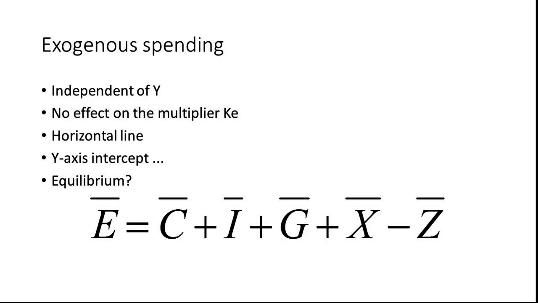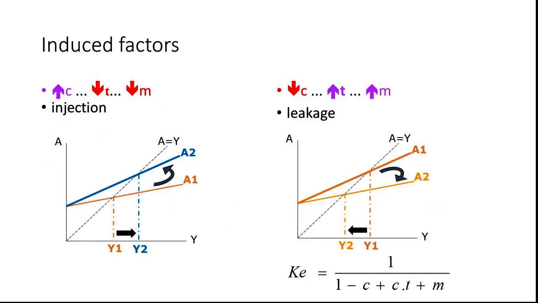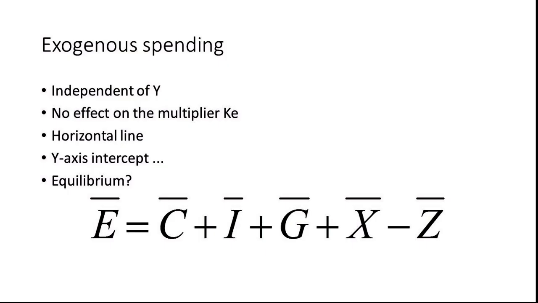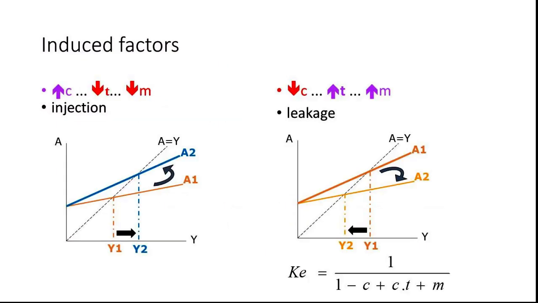And then there's also some exogenous, autonomous, fixed level of imports. Even when incomes are zero, we're still going to import some portion of our consumption.